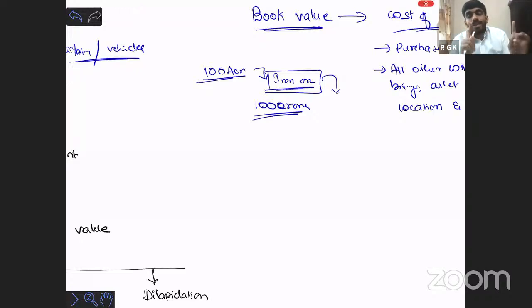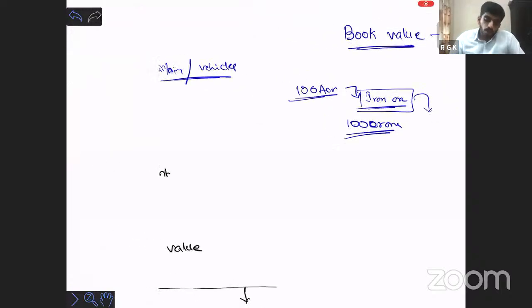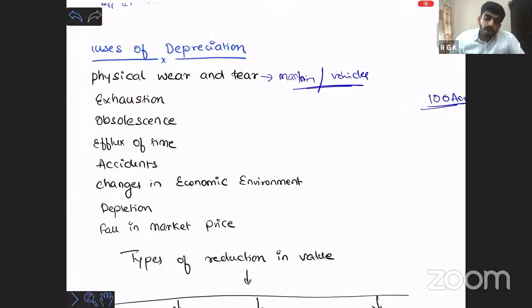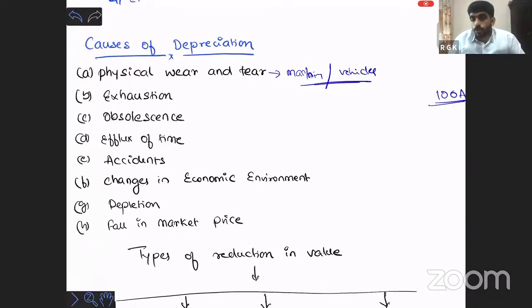So especially in case of mining, sand quarries, stone quarries, oil wells, in all these cases the asset will be exhausting. You will be exploiting the asset, you will be using the asset. Once the assets are extracted, the value goes on reducing. So exhaustion can also be a factor for depreciation.